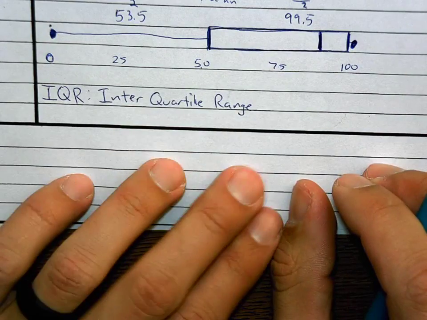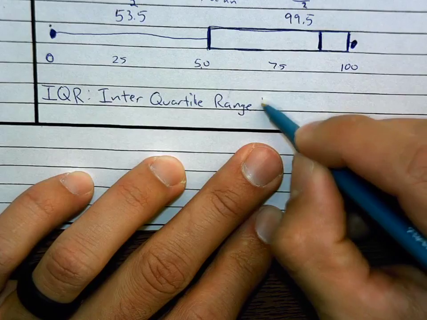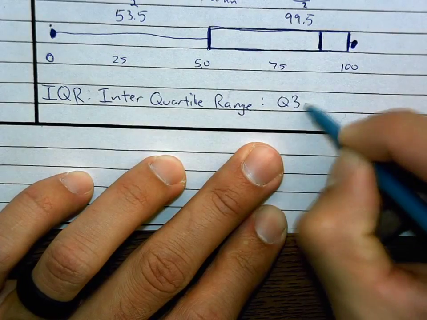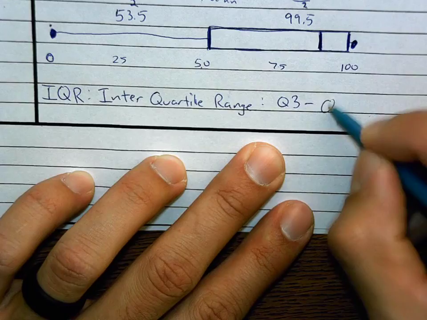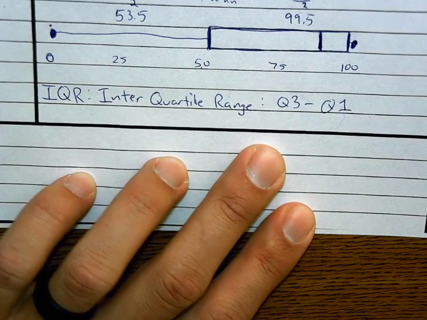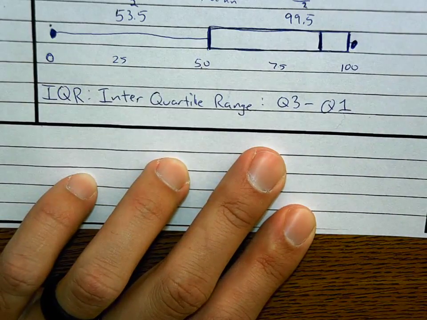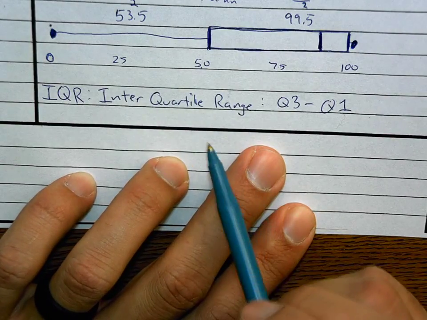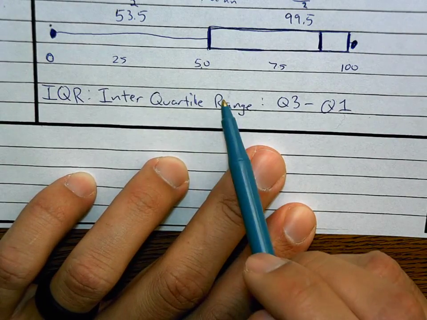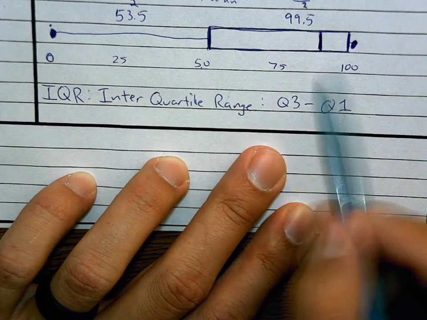There's a formula for IQR. It is third quartile minus the first quartile. Q3 minus Q1. Basically, I'm saying, what's the third quartile subtracted by the first quartile? How far apart is that interquartile range?